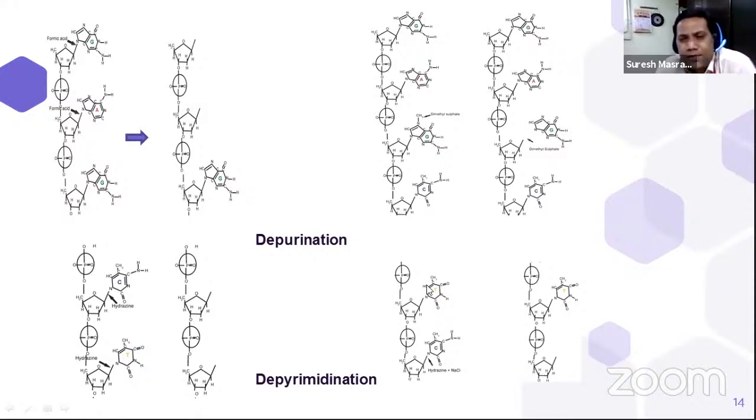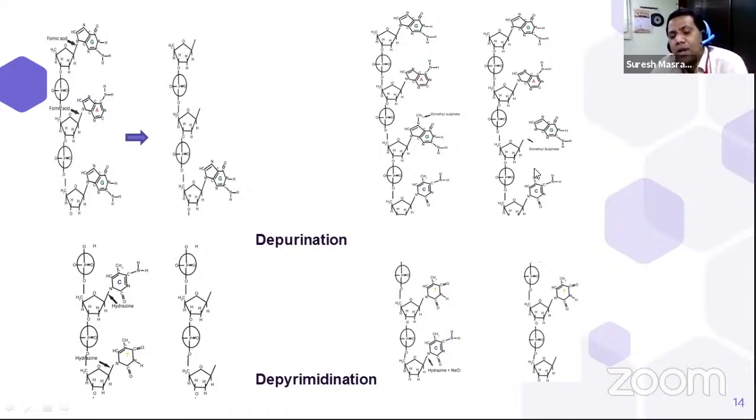But if instead of formic acid we add dimethyl sulfate, then dimethyl sulfate most preferably provides its methyl group to the guanine molecule, and after that it cuts the glycosidic bond between guanine and deoxyribose.